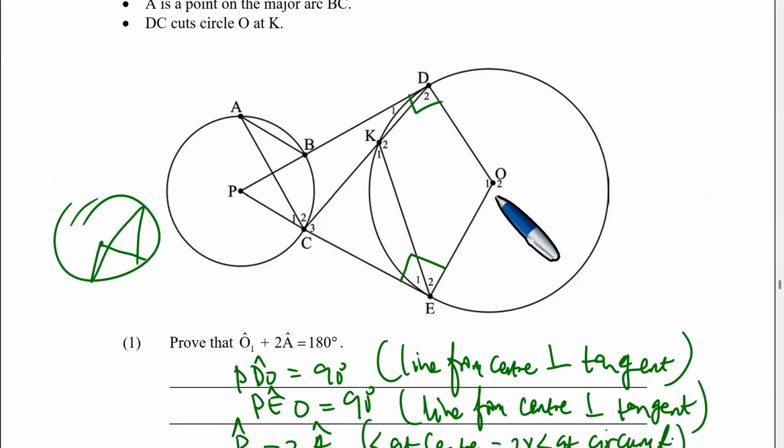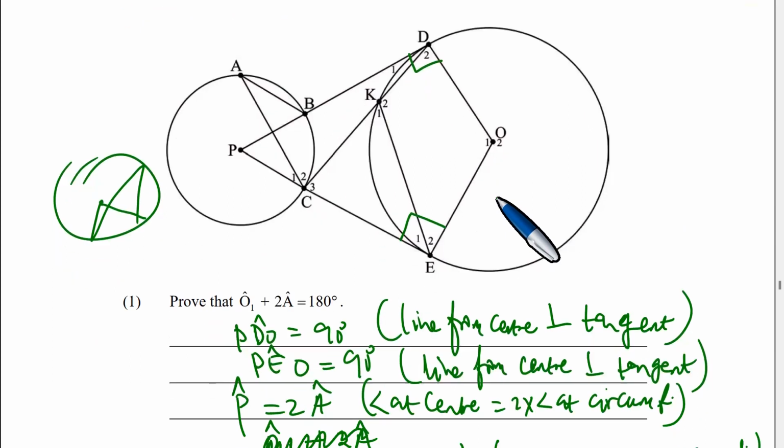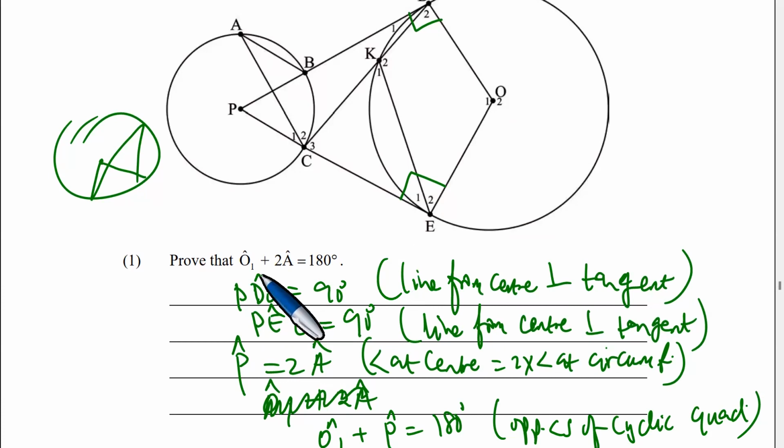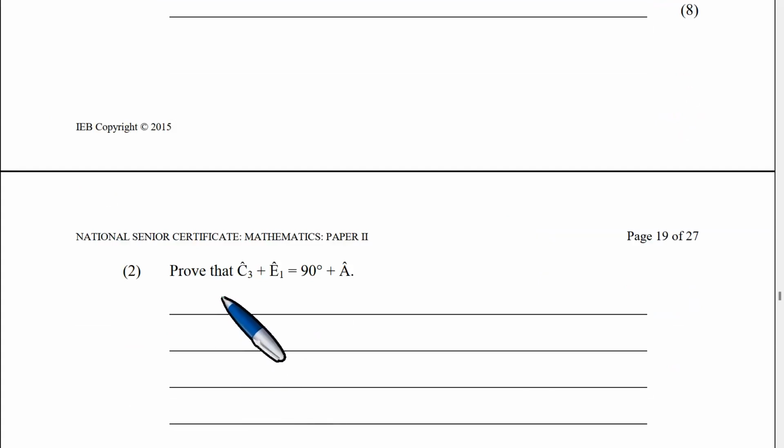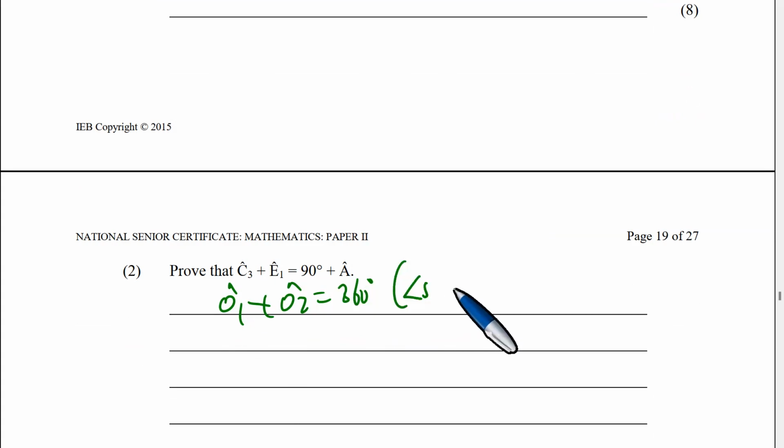So the angle O2 is equal to 180 degrees plus 2A, from the fact that angle O1 plus O2 is 360 degrees, because the angles are around a point.